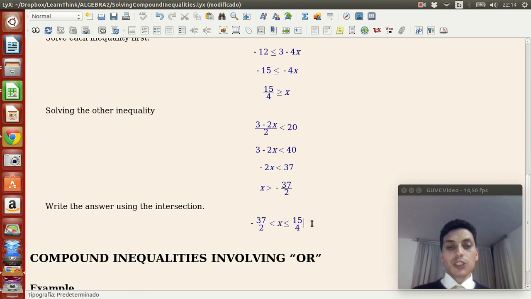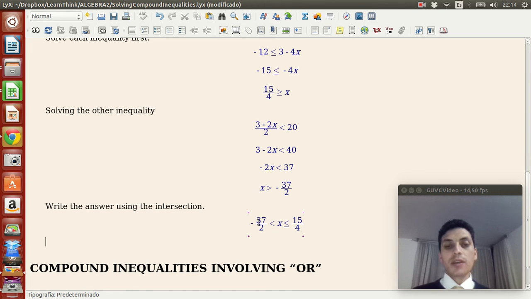So we have the answer: minus 37 halves is less than x and x is less than or equal to 15/4.